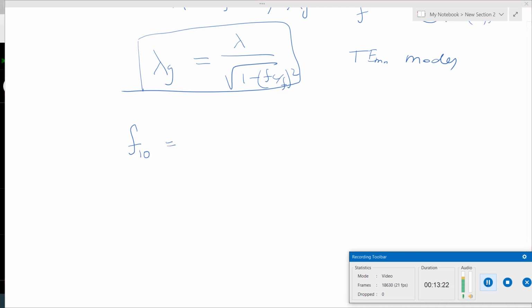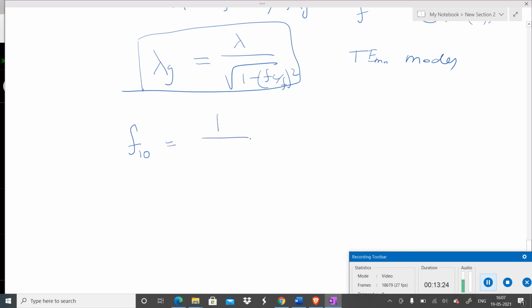It will be equal to 1 over 2 under root mu epsilon, under root of m square, that is 1 over a square, and the second term is 0, since n is 0. So it is 1 over 2a under root of mu epsilon. This is for the TE10 mode.